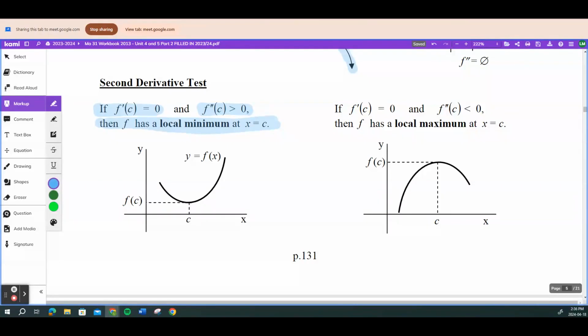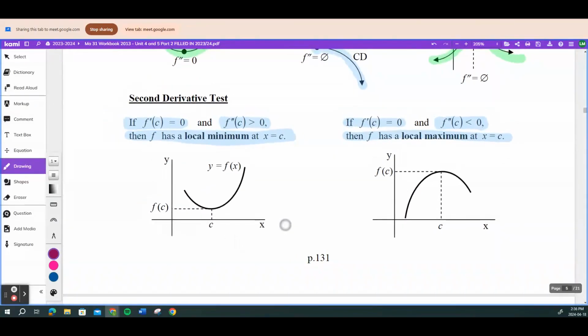With the second part over here, if the slope at x equals c is equal to 0, and our second derivative at x equals c is less than 0, so it's negative, then that means that we have concave down happening, so we have a local maximum at x equals c.